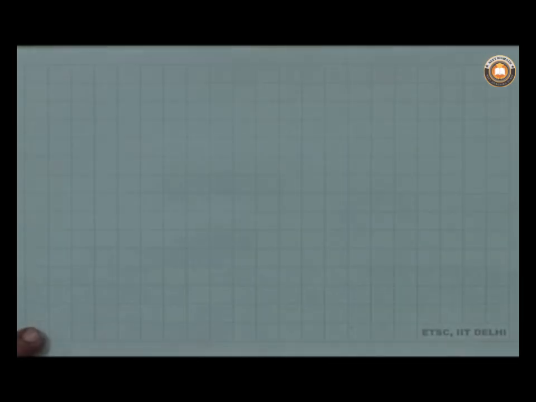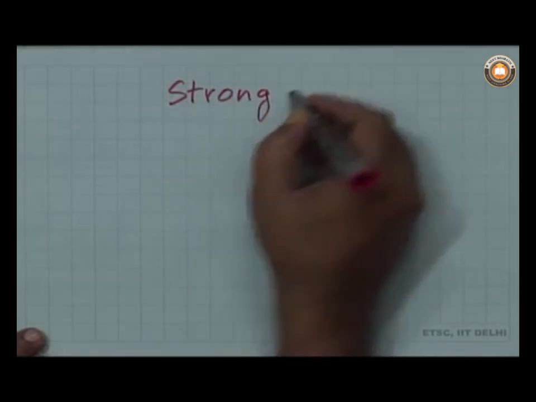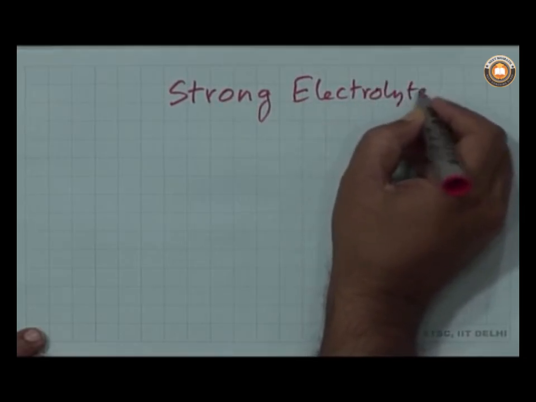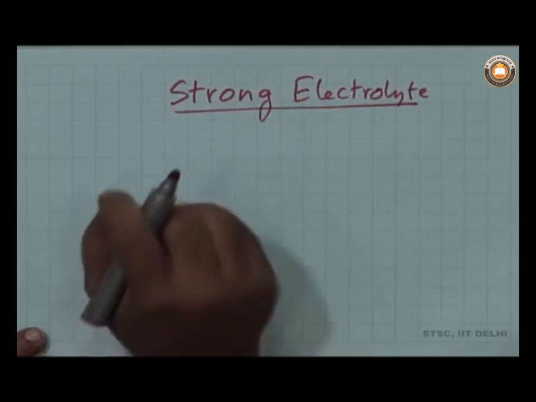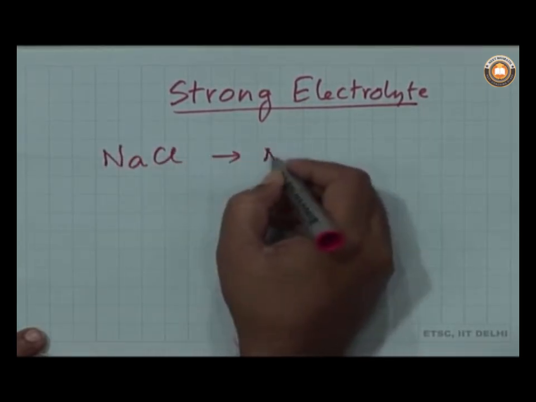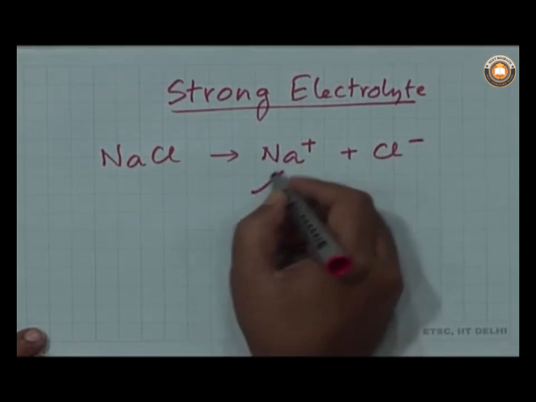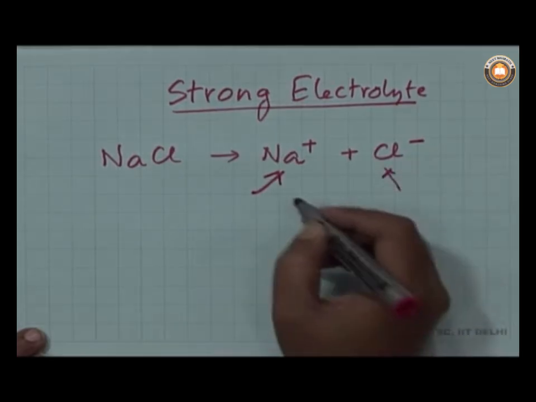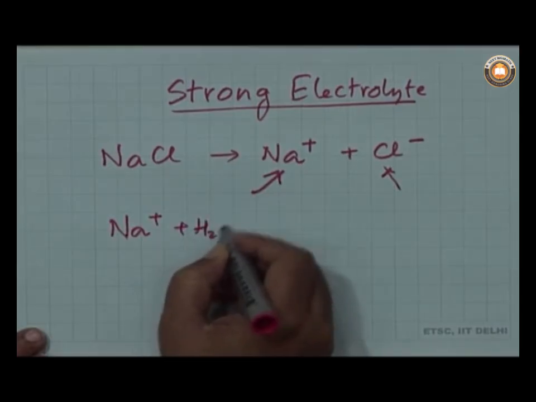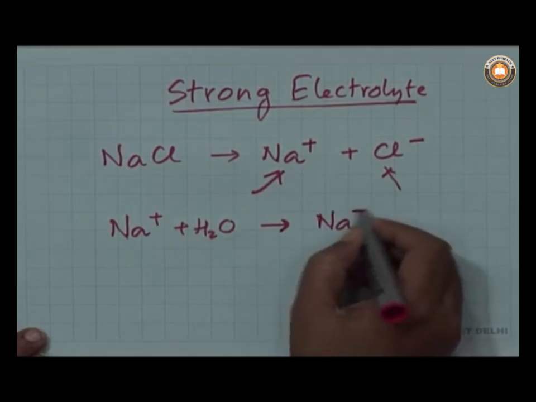Generally, in the case of a strong electrolyte, both the cation and anion, for example Na plus, simply get hydrated when they react with water.